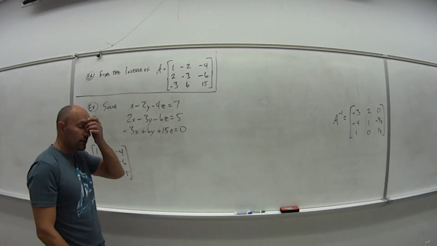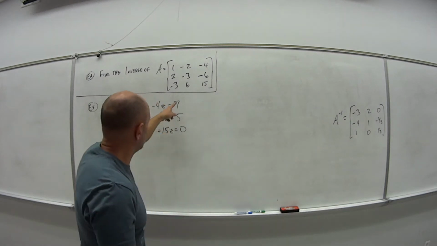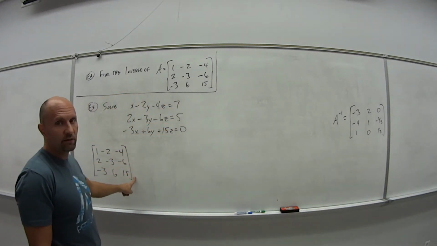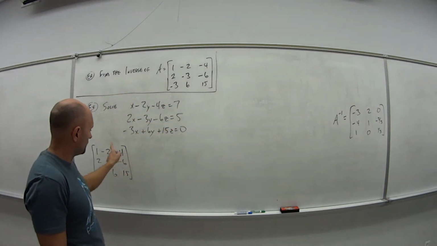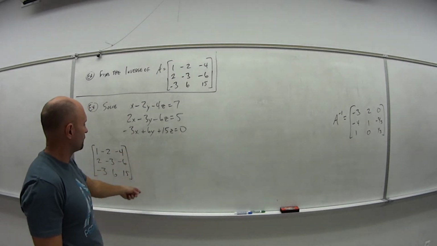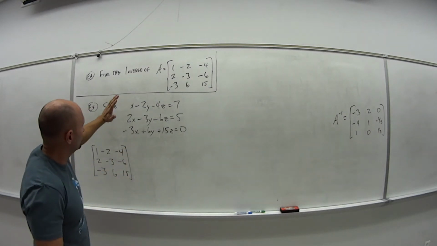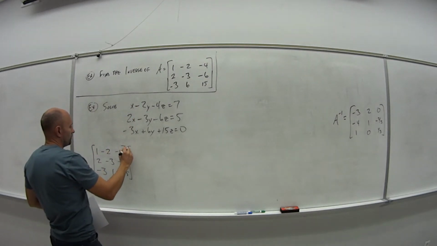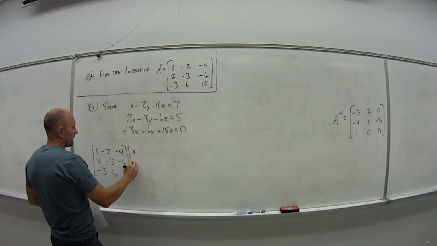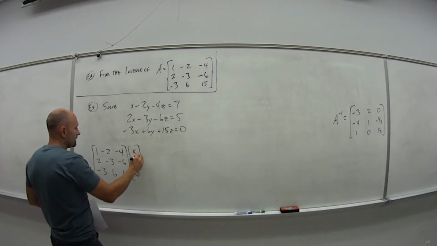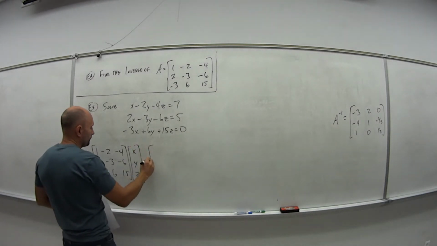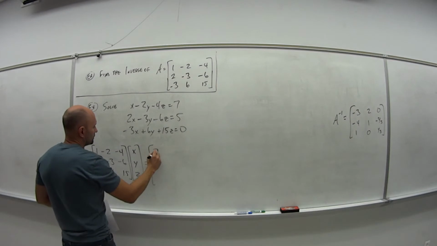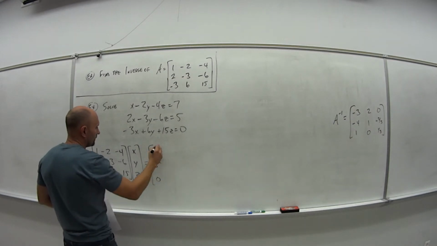If we were solving this by reduced row echelon form, I would also put these along the far right, and it would tell me what the answers are. But I can rewrite this system as the matrix of the coefficients, times my x, my y, and my z, equal to the constants, 7, 5, and 0.